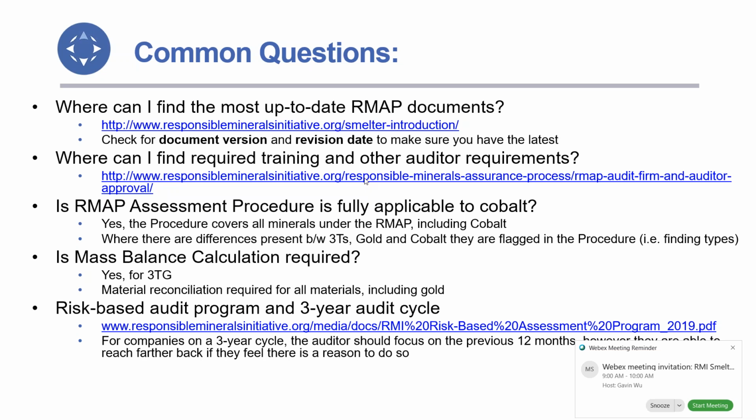However, some auditees do utilize the annotated workbook as a way to prepare for the assessment to make sure that they actually have all the evidence ready for the questions that the auditors will ask on site. However, we do not require auditees to actually fill in the workbook, just the auditors.